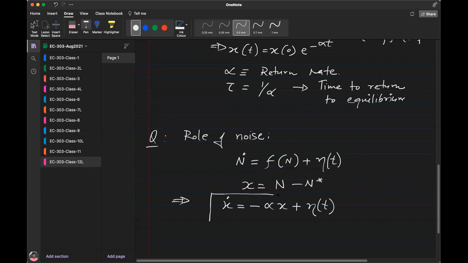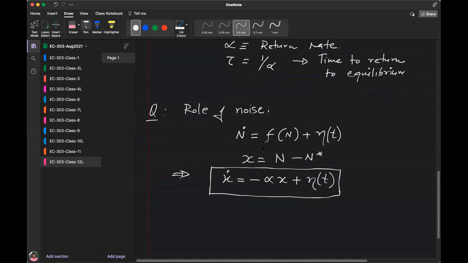So the noise term doesn't change, but basically the perturbation which was acting on the entire population now merely acts on the perturbation itself. The same noise structure hasn't changed at all.